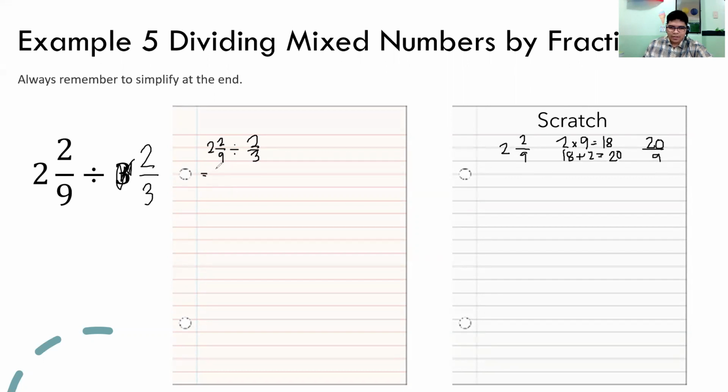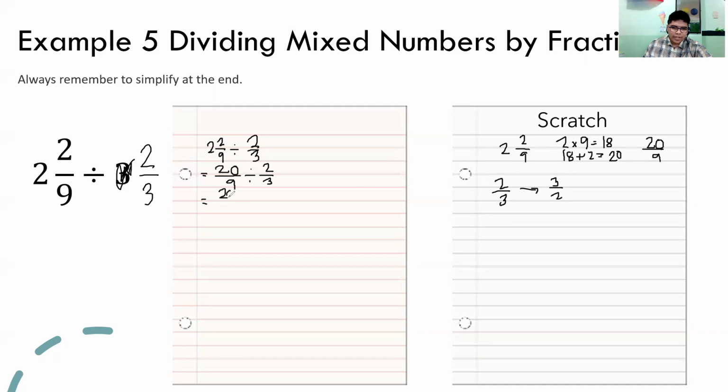So equal sign 20 over 9. We don't need to change anything with 2/3 because it's a proper fraction. So we're going to get the reciprocal of 2/3 and then change this to multiplication. So 2/3, if you get the reciprocal of that, it's just the inverse, 3/2.